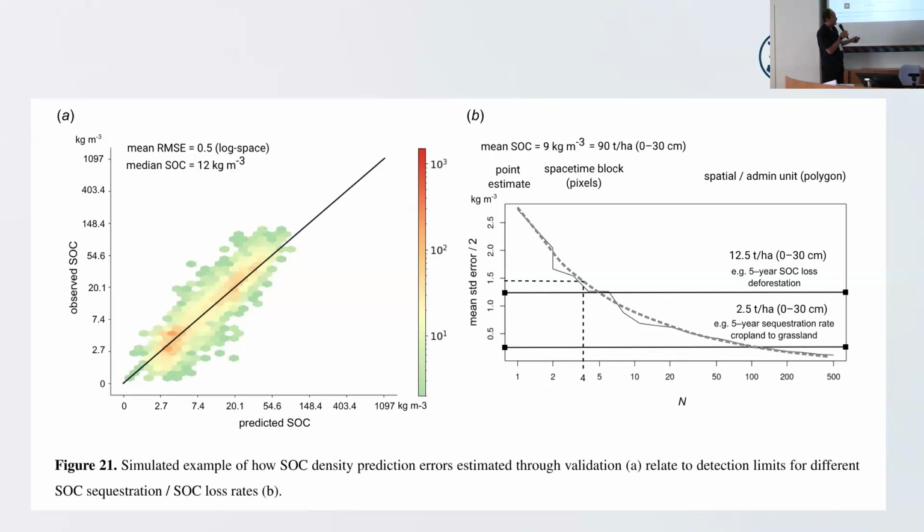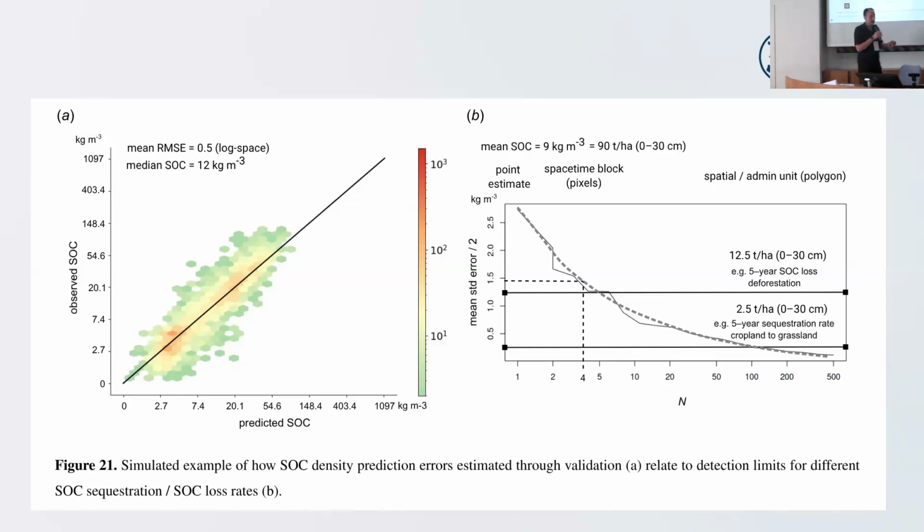That's the uncertainty now. But when you look at something more gradual, more gentle changes of like 2.5 ton per hectare, this one we are probably not fit with this data set to monitor fully, maybe some areas, but not fully. However, if you extend this to, for example, 15 years, then we can also see even this conversion from cropland to grassland; after 15 years, we will probably see it in our predictions, it will be significant enough.